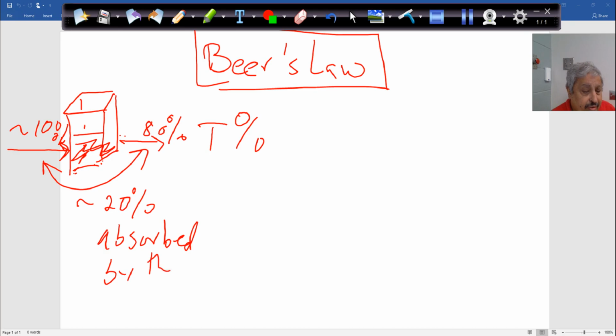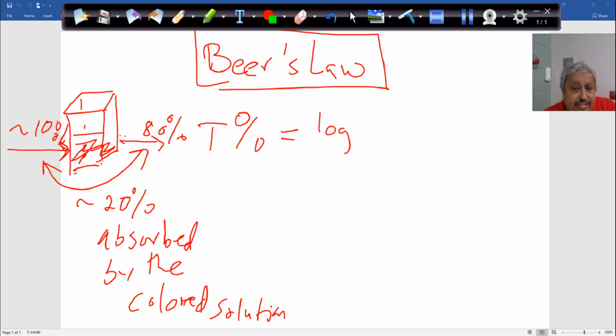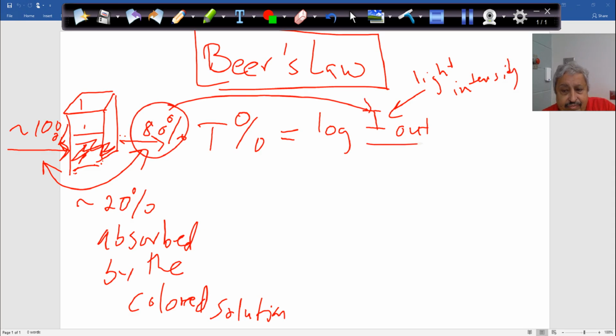So the difference between 100 and 80 is about 20% absorbed by the colored solution, the compound solution, correct? And the transmittance is defined as the log of the intensity coming out, where I means light intensity, in this case say 80% out, divided by the light intensity going in, 100%, and then going out 80%.